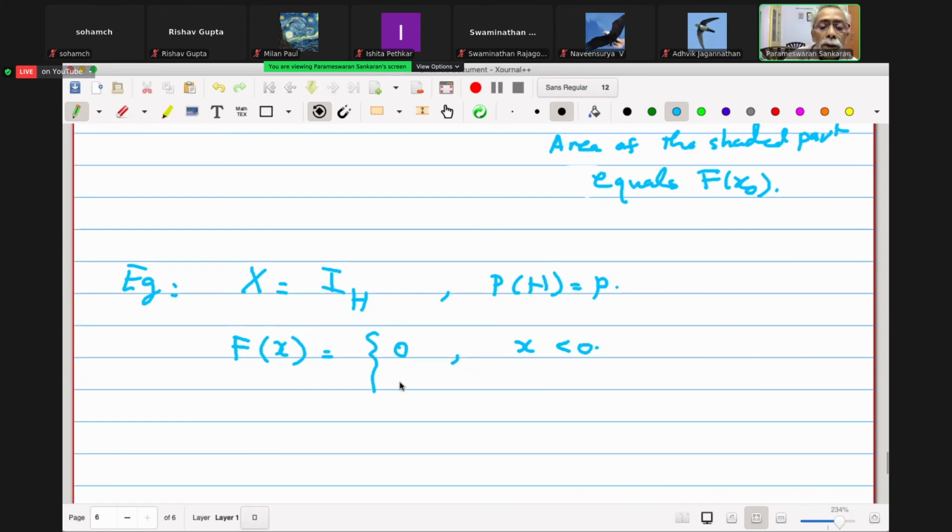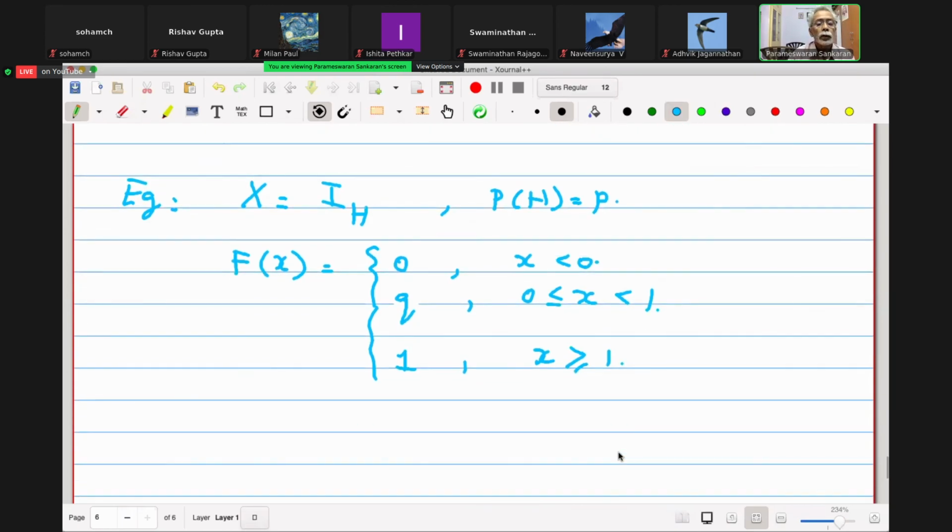And the moment x is equal to 0, it will have positive probability. So this will become q. And this is if 0 less than or equal to x, strictly less than 1. And then 1 if x is bigger than or equal to 1.